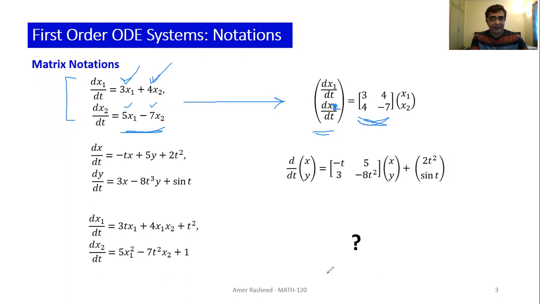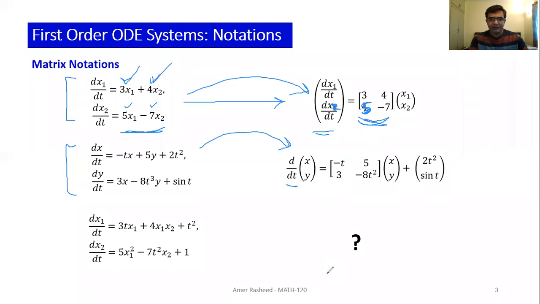Here again I have a typo: we must have 5, not 4, so this is 5 and 7. So any linear first order system can be written in matrix form in this way. Now, see the second example. The second example is also a system of linear first order differential equations. We can write this in the form of a matrix.